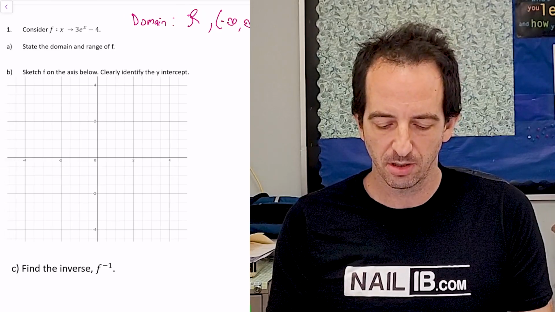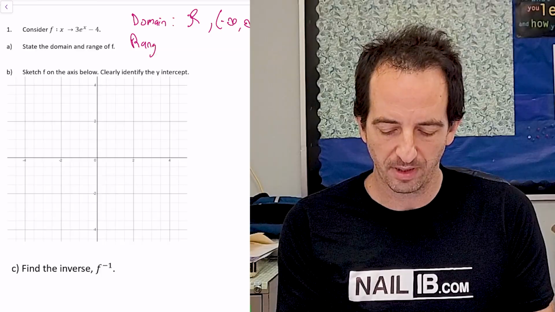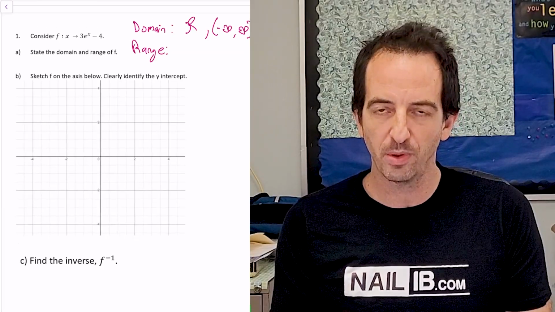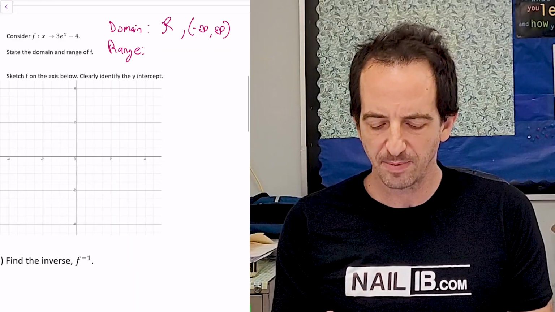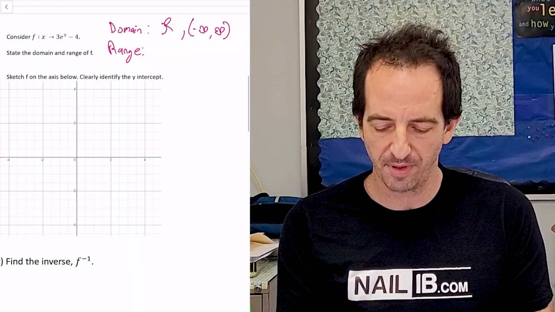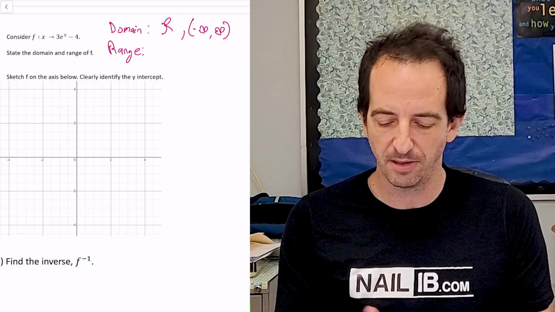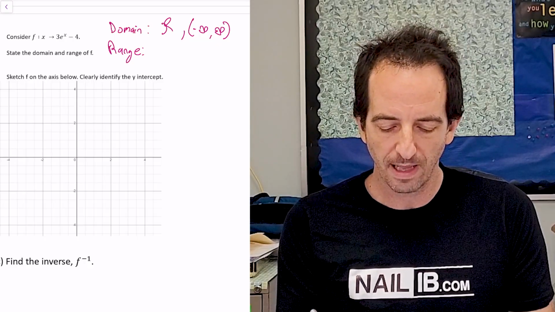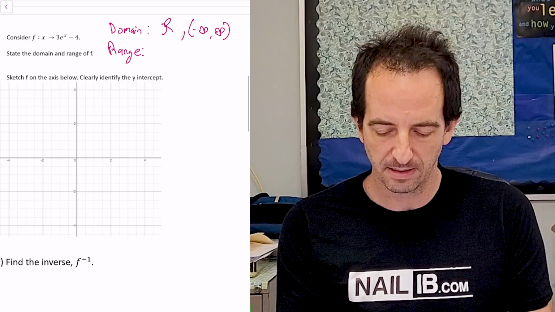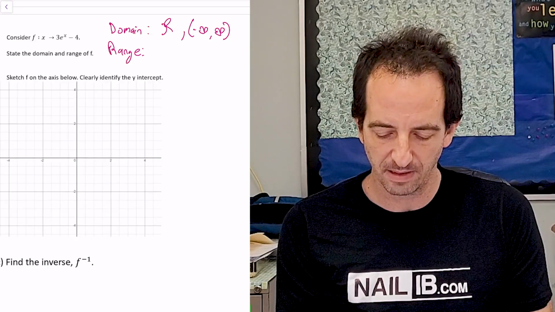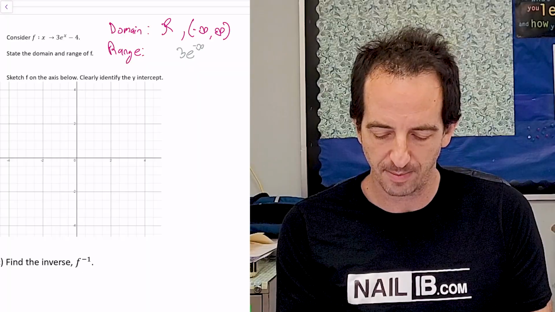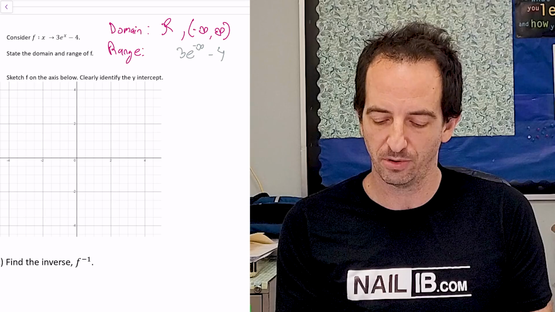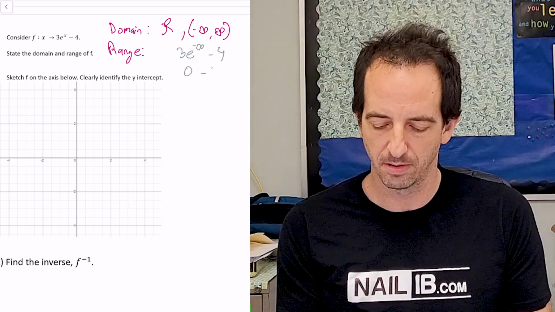Now the range is a little bit different, right? The range will be limited. Our range is restricted a bit because, what's the lowest possible value that we could have? The highest possible value is clear: we could go up until infinity. e to the infinity is equal to infinity, times 3 minus 4 is obviously infinity. But what will happen if I were to plug in negative infinity? Let's say I look at 3 times e to the negative infinity minus 4. e to the negative infinity is really equal to a number very close to 0.